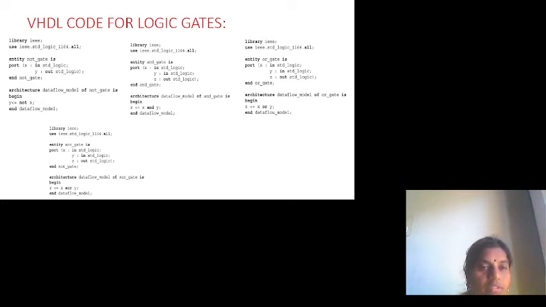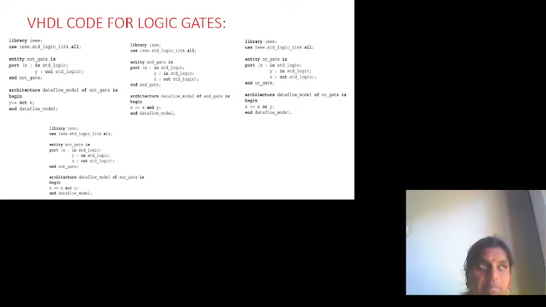And now the representation of VHDL code consists of 2 different parts. One is entity representation with all its ports. So a design will be represented by means of an entity which consists of, let us consider a design as a black box, and this particular black box consists of input ports and output ports.